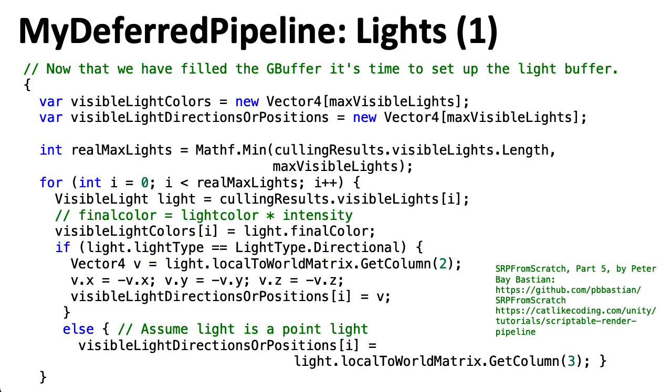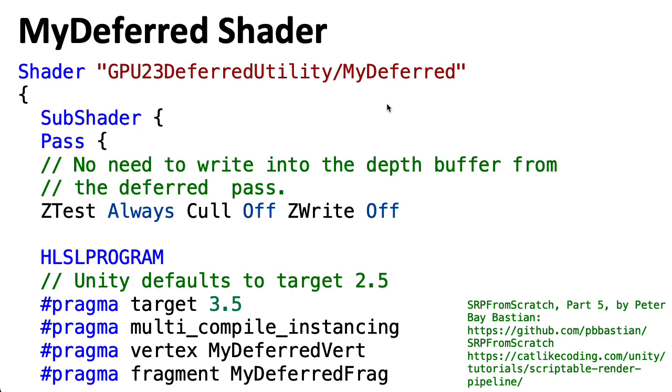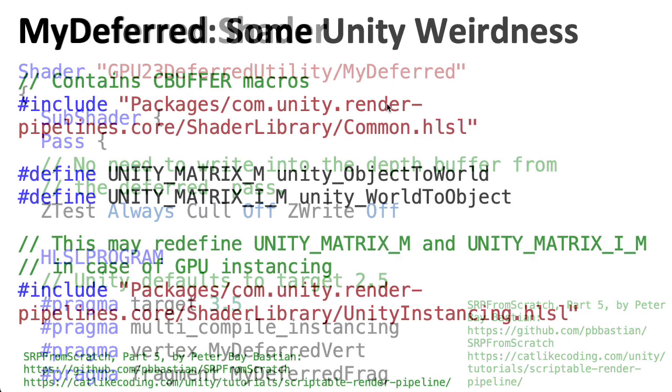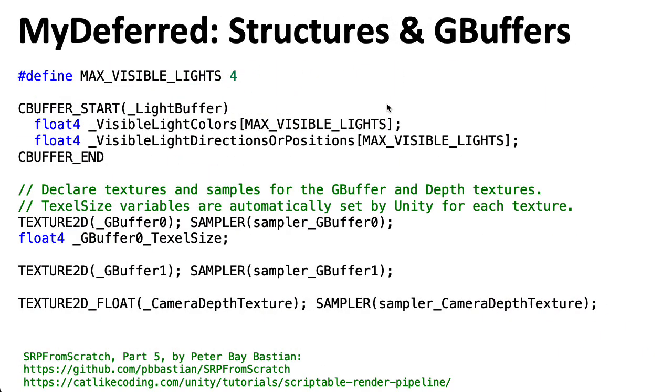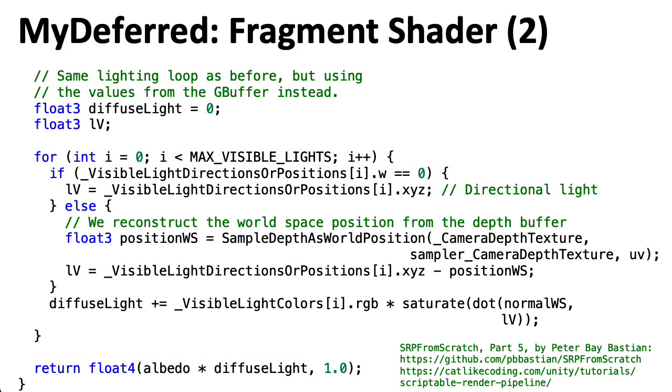All of this code for setting up the light information in our shaders is basically the same as what it was in the forward rendering demo we looked at last time, with the minor difference that we're using this command buffer pool.get style. Okay, now we need to run this bit of shader code that takes the albedos and the normals from the GBuffers, and that does all of the lighting calculations.